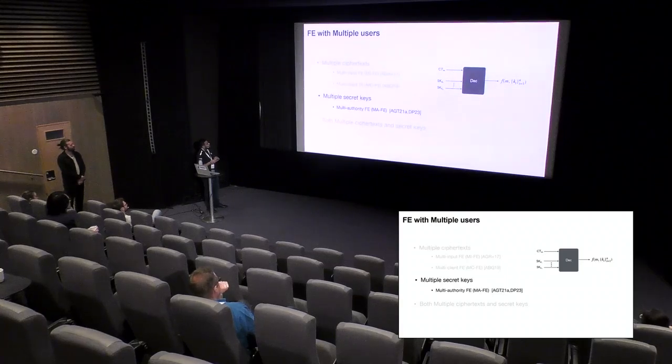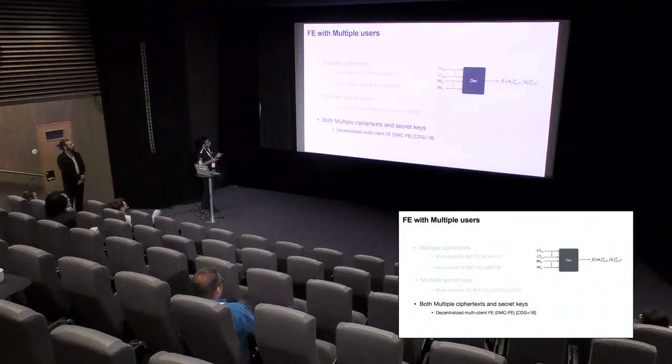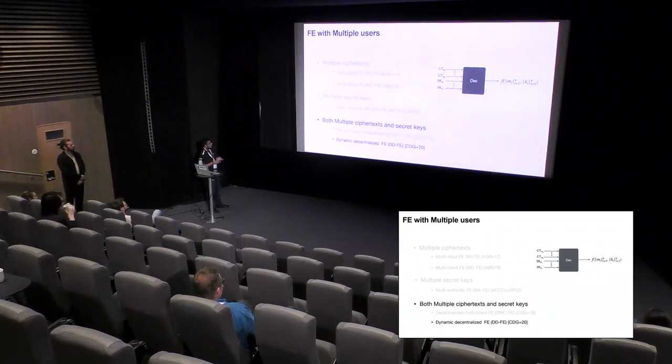In the next variant, if the ciphertext is fixed and secret keys are distributed among multiple authorities, then it is called multi-authority FE. If both the ciphertexts and secret keys are distributed, then it is decentralized multi-client FE. Another version is dynamic decentralized FE, where the dynamic condition ensures that any user can join or leave the system at any instant.